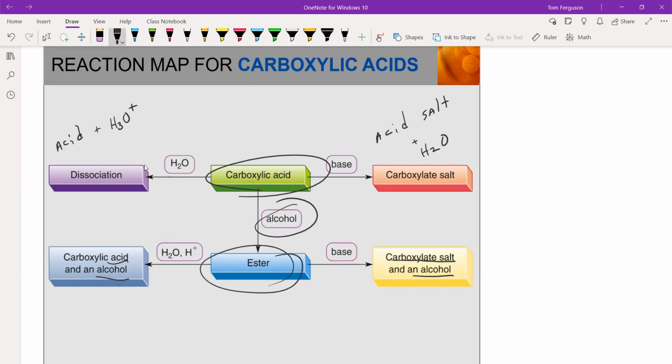What happens with an ester in a base? You get saponification, that kind of stuff. So, yeah, I'll supply that.